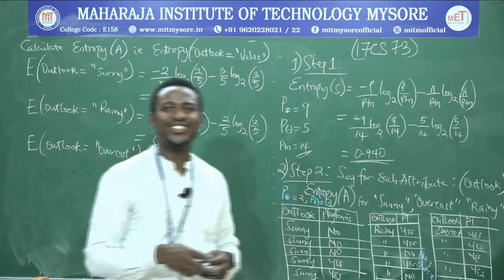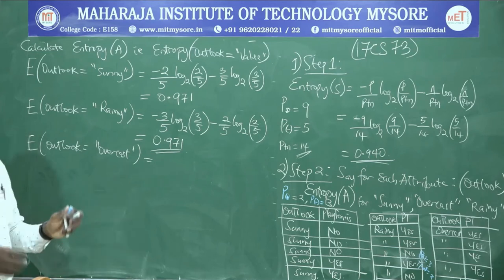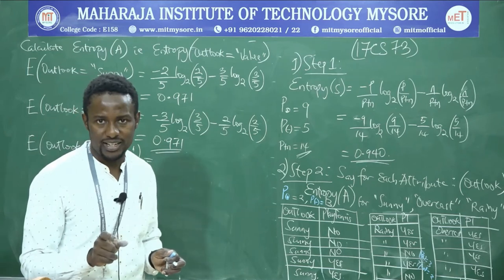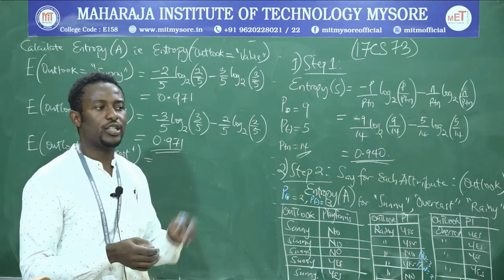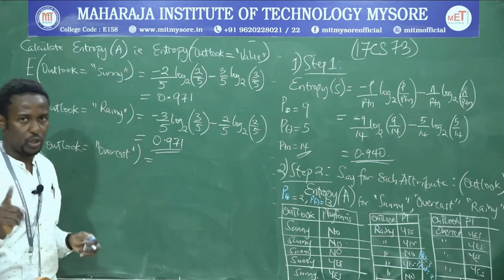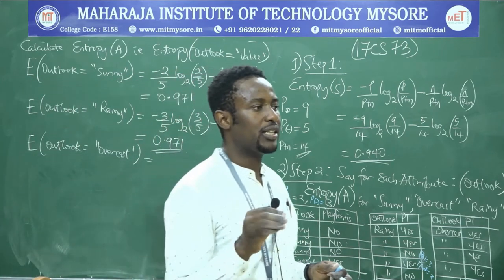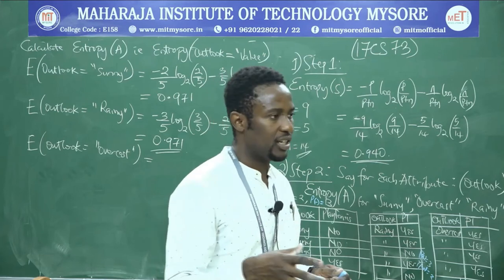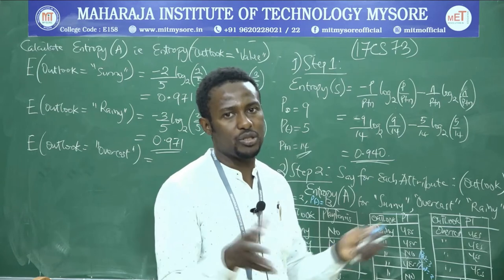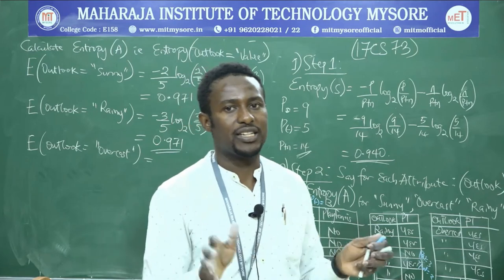If there are no occurrences of one kind, we have a pure set, which is 0. And it is highly impure when we get an entropy of 1. Remember how we defined entropy: it's just a term used to show how impure your data set is.